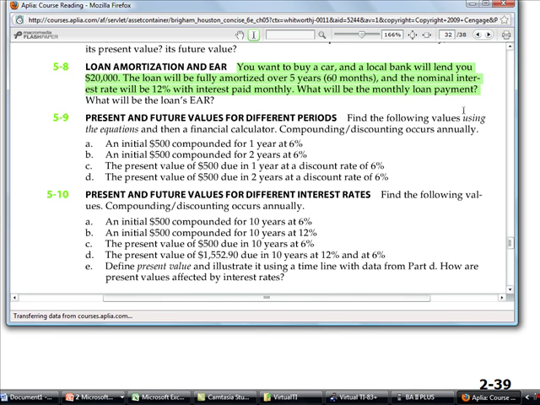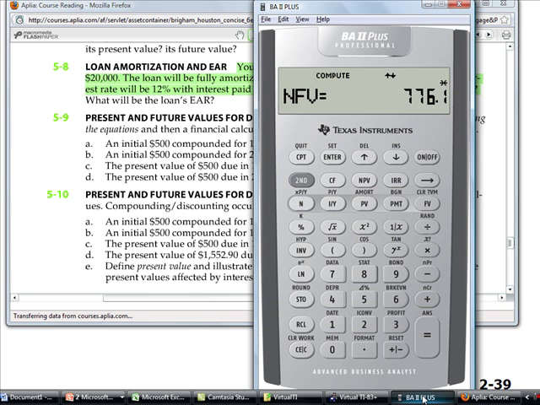In practice, I don't know that I would advise somebody to borrow $20,000 on a car and pay it out over 5 years, especially when the interest rate is 12%. But let's see, for the sake of working out the example, how much the monthly payment would be in this case. All right. Well, let's go to our time value of money solver.